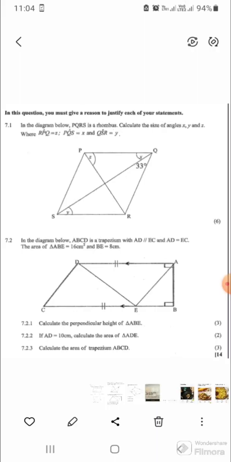Calculate the size of angles X, Y, and Z, where PQ equals Z and PQS equals X and QSR equals Y. So we have to find the values of X, Y, and Z for 6 marks.